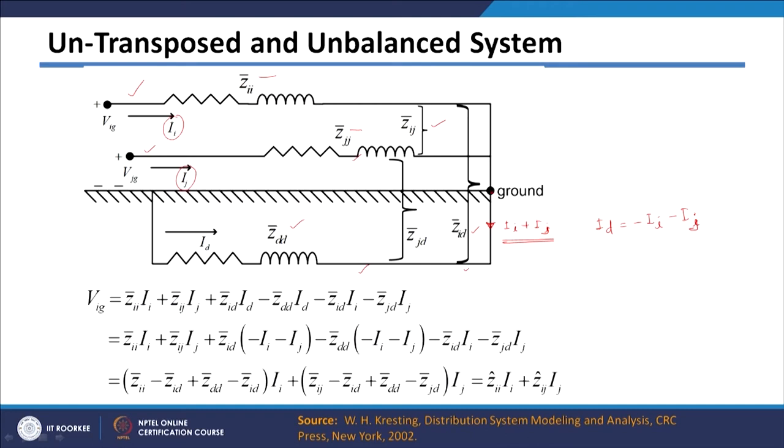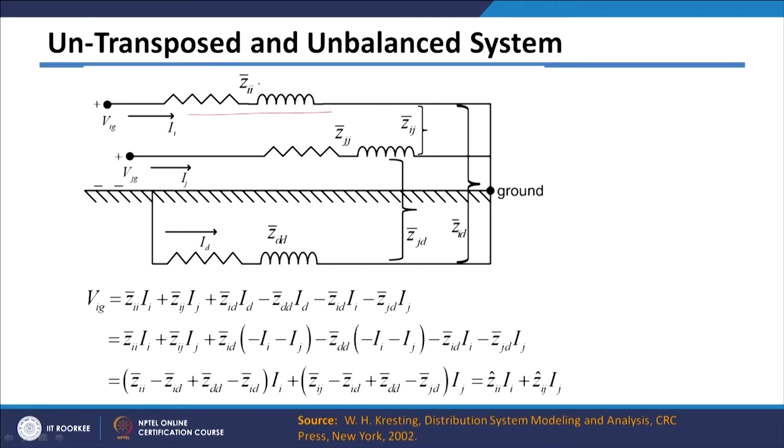Let us say I want to calculate voltage Vig, that is nothing but the voltage of this terminal with respect to the ground terminal at this place. So, I am interested in calculating this voltage drop here, which is Vig. So, this voltage drop will consist of the voltage drop across this branch, then the voltage drop across this branch, and the voltage drop across this branch will be due to all the three currents.